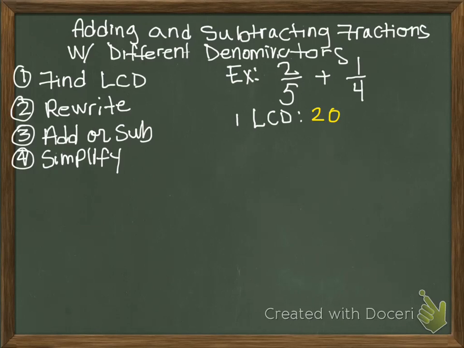So now that we have the LCD all figured out, we can rewrite each fraction in terms of the LCD. So we need to rewrite 2 over 5 so that it has a denominator of 20. So we have to figure out what we need to multiply the denominator of 5 by to get 20.